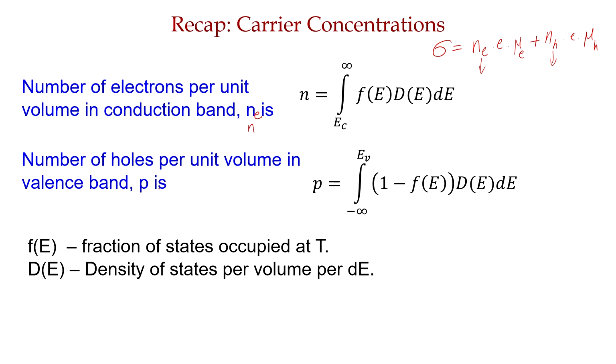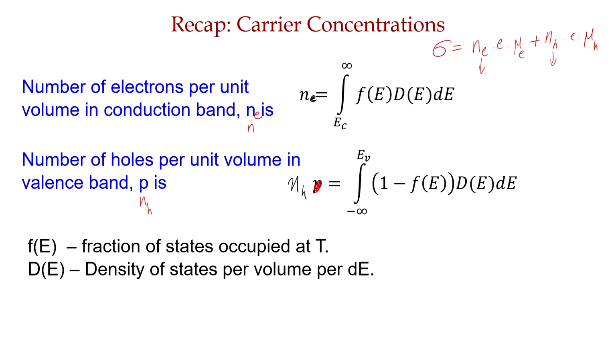For holes per unit volume in the valence band, sometimes it is written as p, but we can also write it as NH. For the sake of continuity in the subsequent lectures, we will write these as Ne and NH, that is more appropriate.